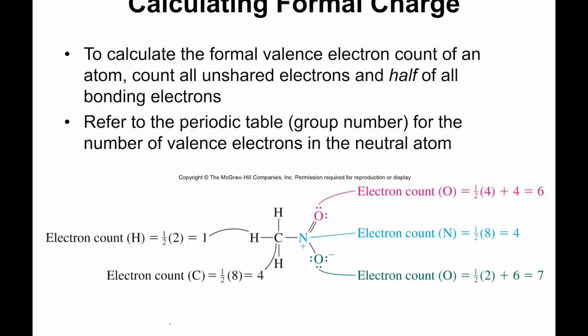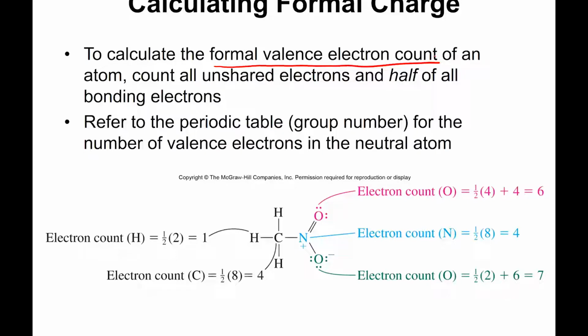To calculate the formal charge, first we're going to calculate the formal valence electron count of an atom. Again, this has a fancy name, formal valence electron count. This is just the number of electrons that are around that atom, either being shared or just on the exterior.